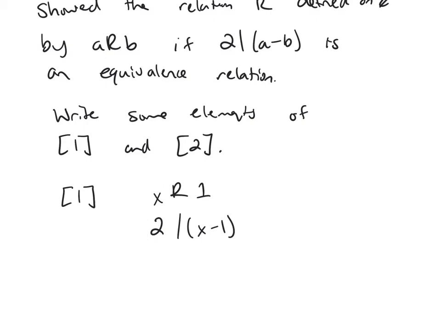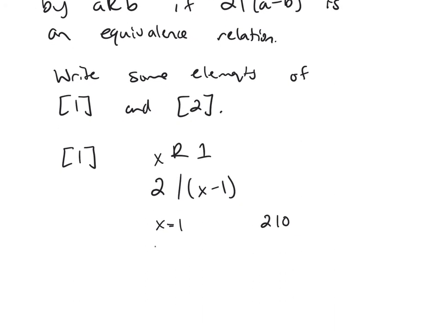Well, let's even start smaller. If x is 1, then this will say 2 divides 0, which is true. If x is 3, then this will say 2 divides 2, which is true.